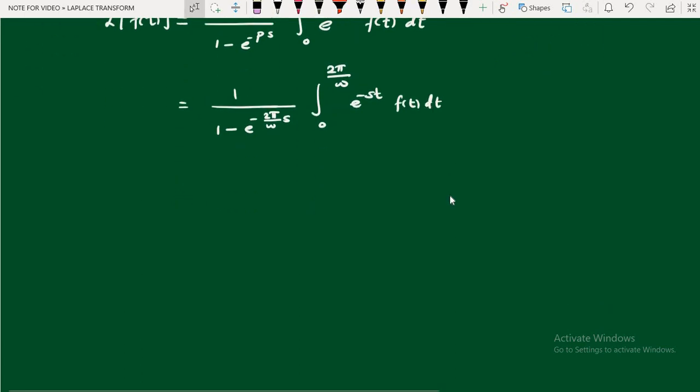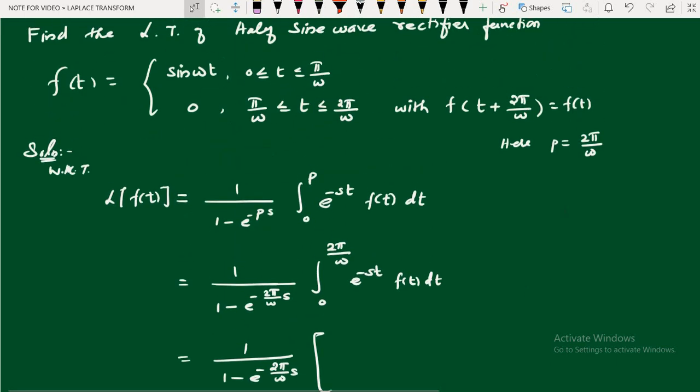Now easily we can solve this problem because we have only one function. In one interval only the function has some value, and in the other interval the function is 0. So the given problem can be understood like this.